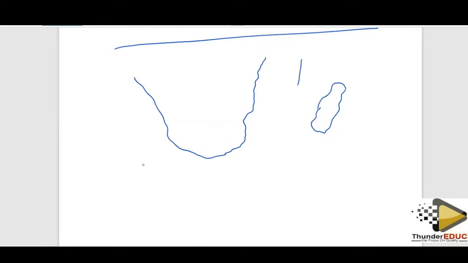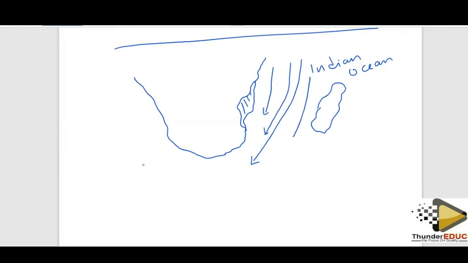Now this part here, this is the Mozambique channel. Of course, we have Mozambique as a country somewhere here. And this is the Indian Ocean, the South Indian Ocean here. So this corridor is referred to as the Mozambique channel.